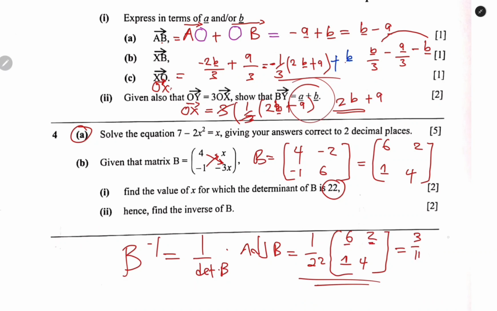Then this part will be 1 over 11. Then this part will be 1 over 22. Then this part will be 2 over 11, I guess. So this will be B inverse.